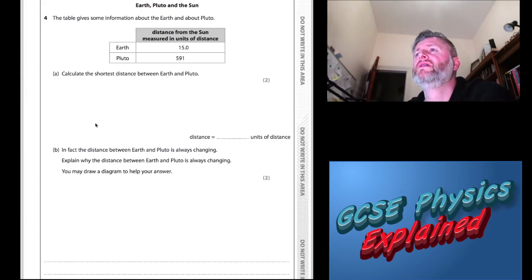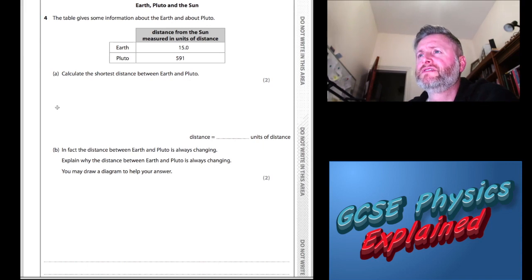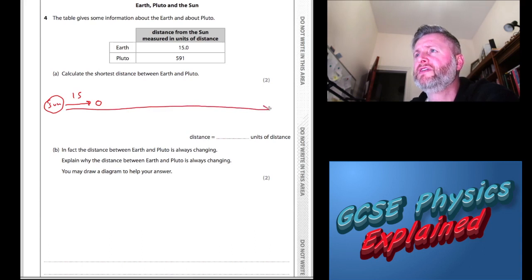Number 4. The table gives some information about the Earth and about Pluto. Calculate the shortest distance between Earth and Pluto. So, distance from the Sun, well, if that's the Sun there, and let's just say that the Earth is there, which is 15, and Pluto's right over here, 591.